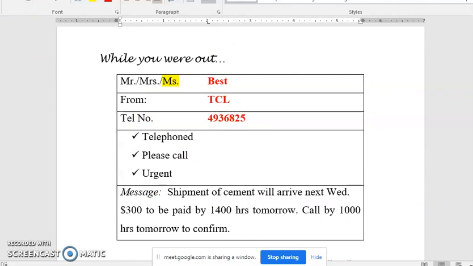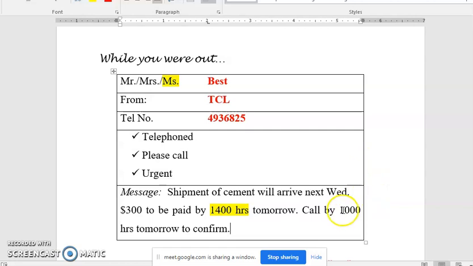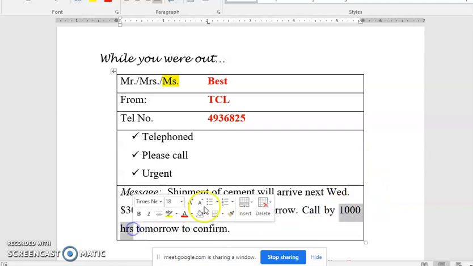All right? So let's look now at the brief details of the message that you would have recorded. The shipment of cement will arrive next week, Wednesday. She wants $300 to be paid by 1400 hours tomorrow. And we take note here that the time is given using the 24-hour clock. She wants him to call by 1000 hours tomorrow to confirm.